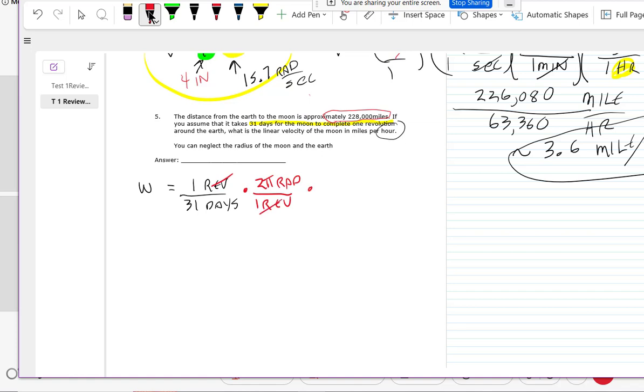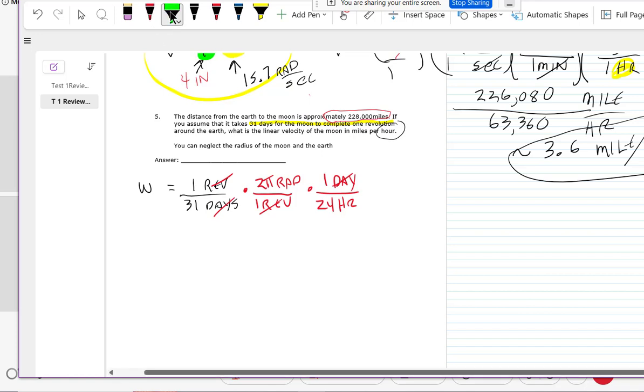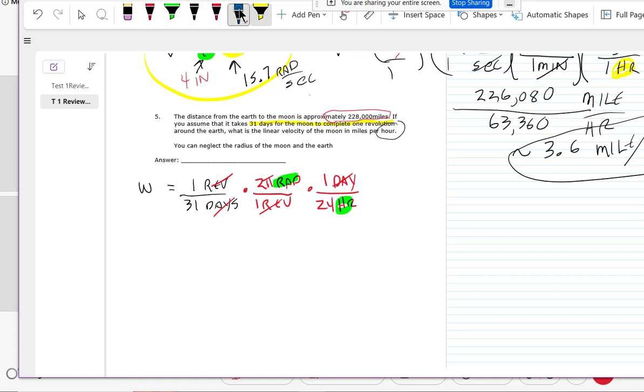We also know that in one day, there are 24 hours. So by doing that, I'm down to radians per hour. And one thing I want to mention about radians is that it's not a unit, so don't let that bother you. Radians is a placeholder. It's not really a unit of anything. That's the name we give to the real number measure of an angle.